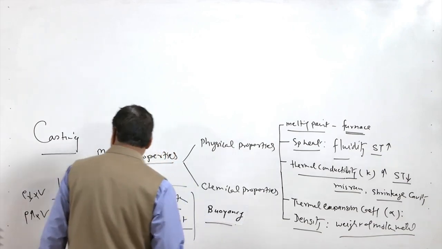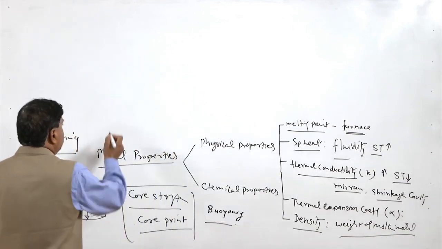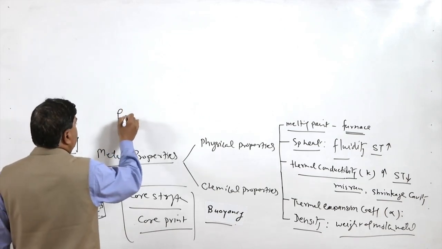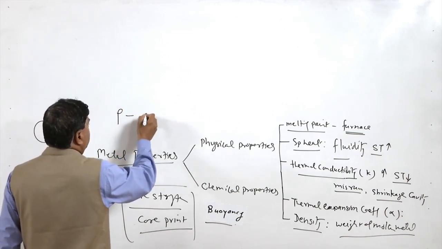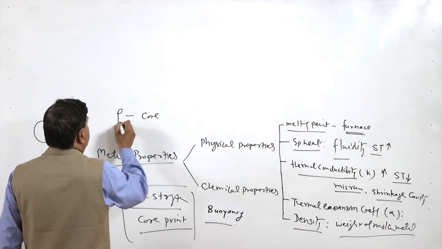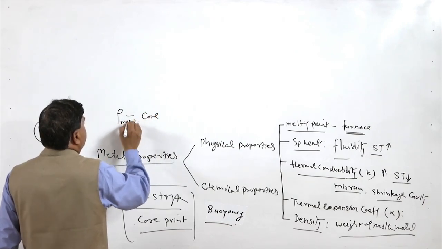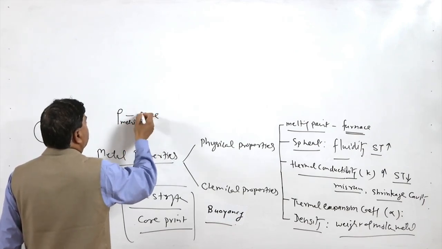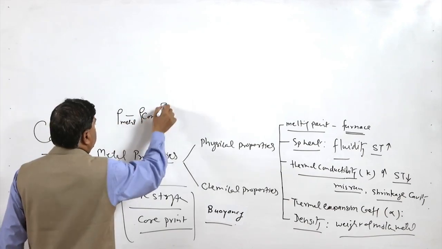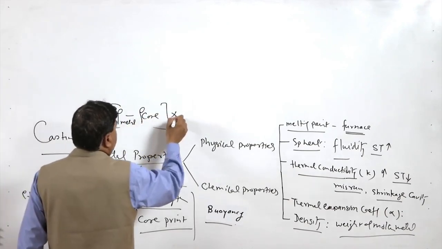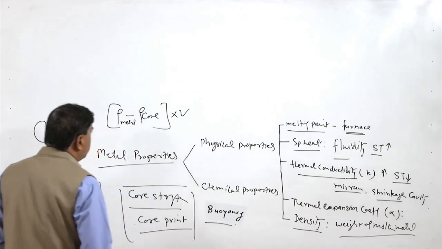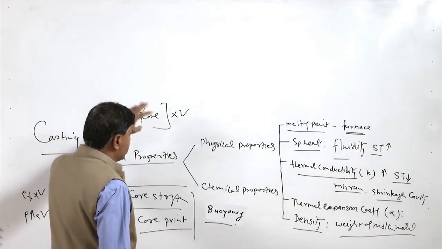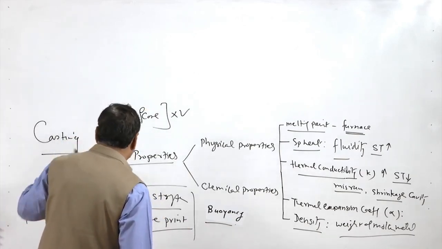So, buoyancy force is actually determined by the density of the metal being poured and the density of the core material. The difference in these two, multiplied by the volume of the core, actually determines the force which will be acting onto the core.